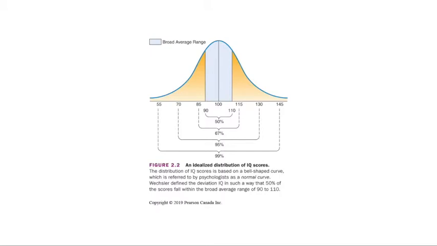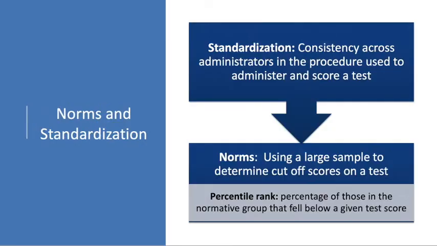And the reason why it's called the normal distribution is because it falls within very predictable segments, and therefore, if something is measured in this way, based on someone's scores, you can figure out how much of the population they're outperforming, or how much of the population is actually outperforming them. And this is the concept of percentile rank, which is basically based on a big normative sample of how well people do on a particular scale or a particular measurement, such as IQ, right?